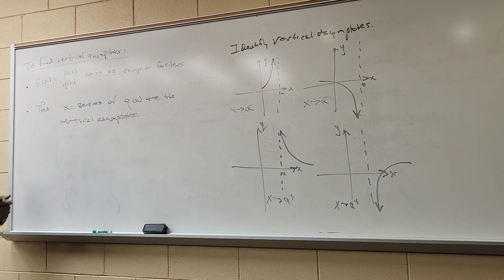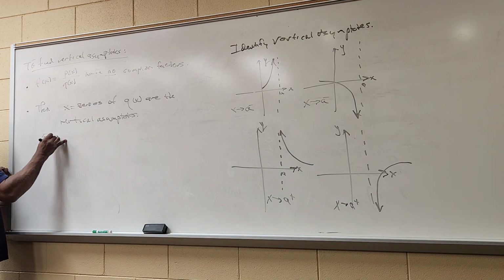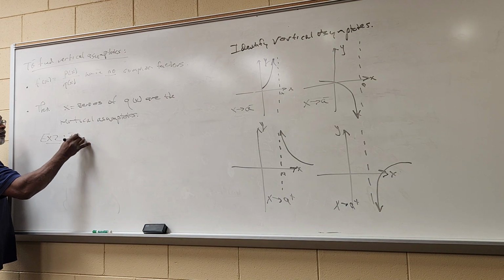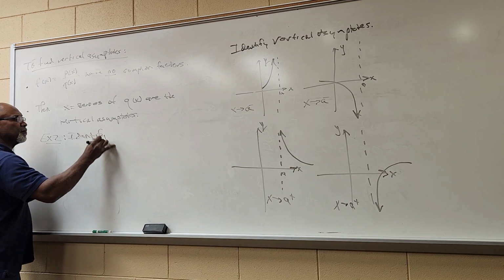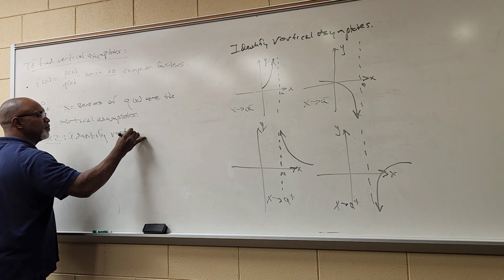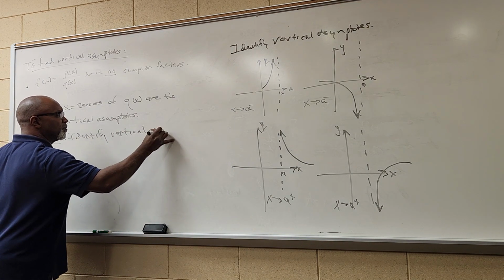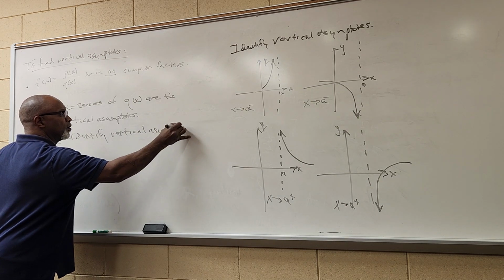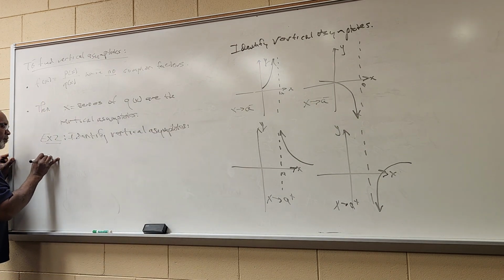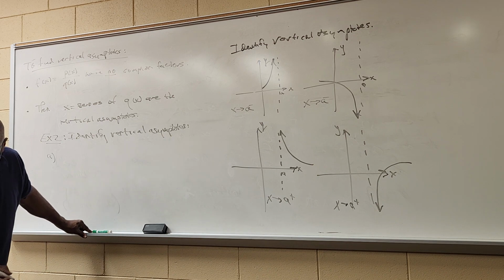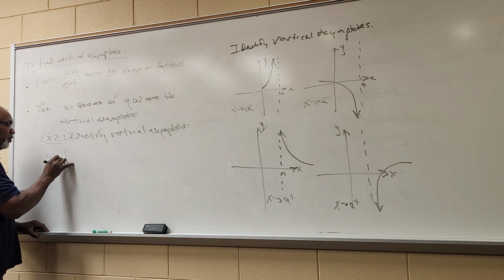So example 2, identify vertical asymptotes. A says the function is f of x equals 2 over x minus 3.